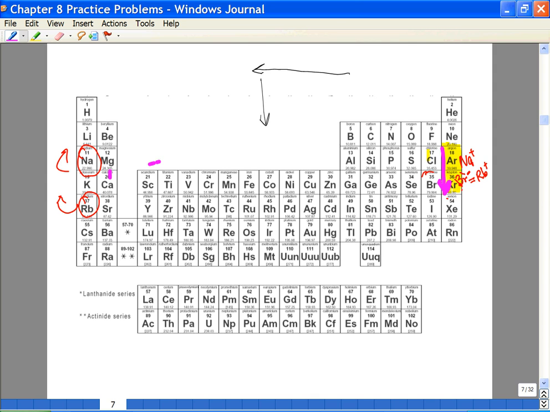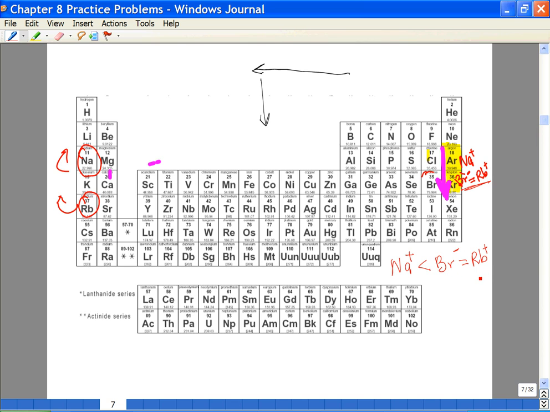So the atomic size increases as we go in this direction. We cannot differentiate between bromine and rubidium, so we have to say that sodium is smaller than bromine, but bromine and rubidium are equal.